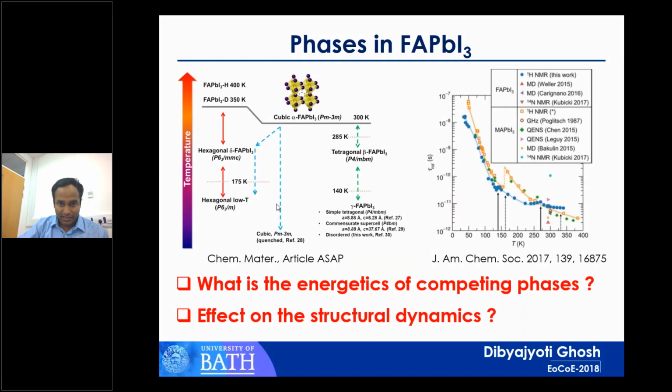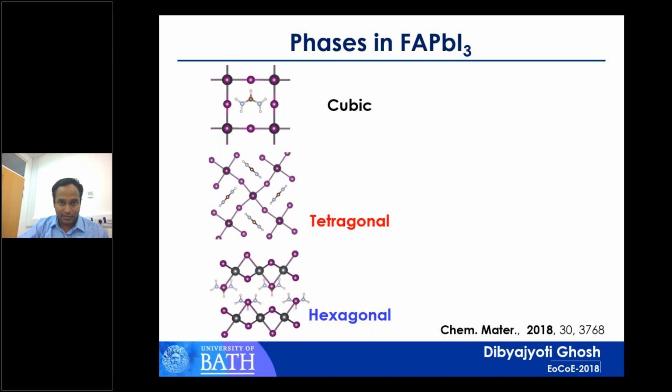We take these three structures for our computational studies, and we found that, as we know, hexagonal has face-sharing octahedra, so they form chains of PbI, and then tetragonal and cubic are the other type, so they have octahedra and the iodines are corner sharing here. If we take the energetics, the most stable is the hexagonal, then the tetragonal, and the most unstable is the cubic.